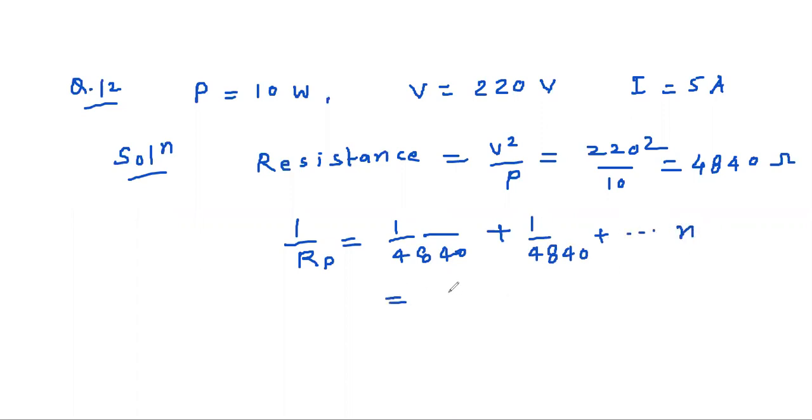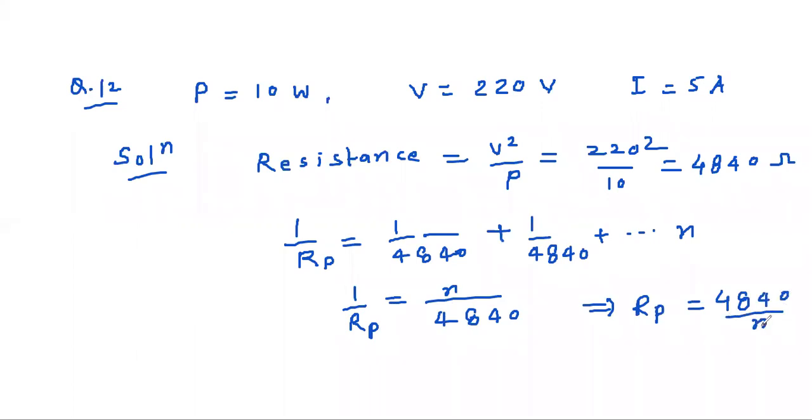So it will be n divided by 4840, 1 upon Rp. So which will give Rp equals 4840 divided by n.